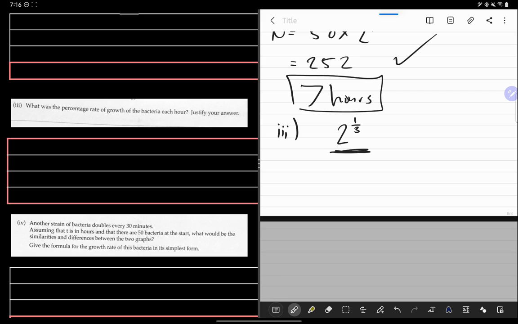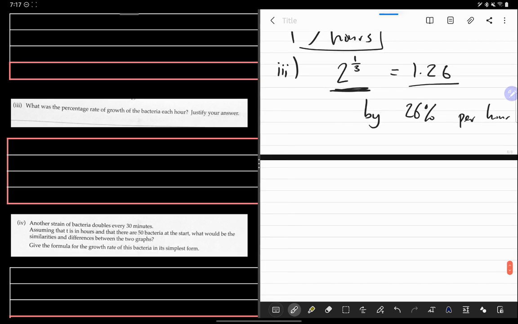So if you chuck that in your calculator, right, you get this number. I know it's longer if you actually do it in your calculator. I've just rounded it up. But that's what you get. So we can either say that it increases by 26% every hour.